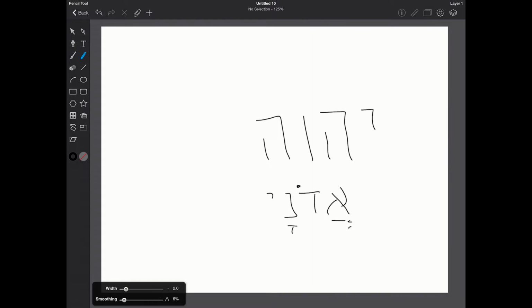So Hebrew is read this way. You have your consonants, and you have your vowels. You read it this way. That's how Hebrew is read. So you read that, then you come back up here, and usually the vowels are down here, right?